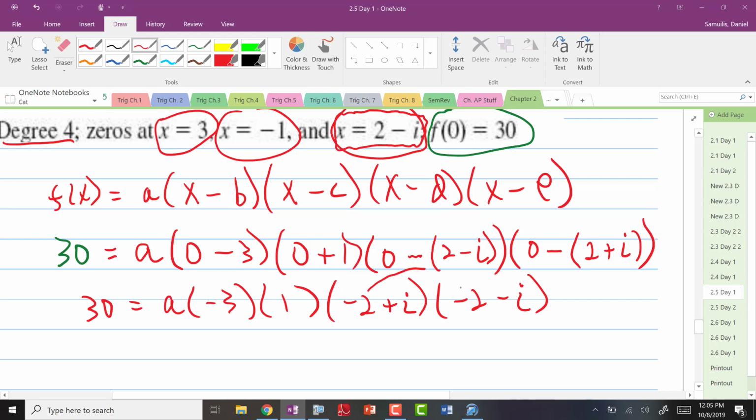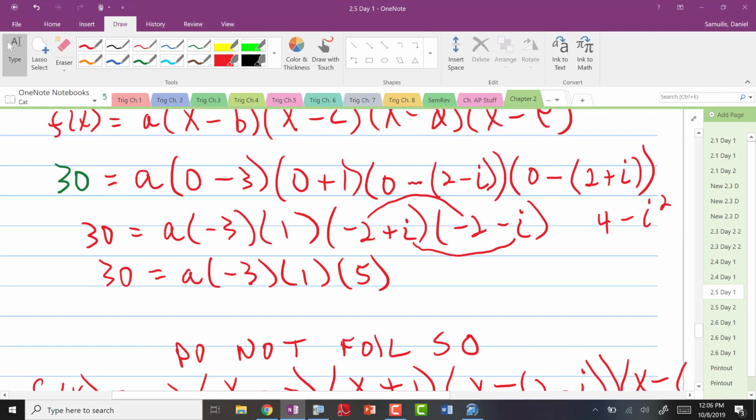When you FOIL this, this is 4, and I couldn't care less about the middle term because it cancels. What's 4 minus i squared? 5. Negative i squared is positive 1. So this becomes 30 equals a times negative 3 times 1 times 5. What does that become? Negative 15, right? So when you divide by negative 15, you get a equals negative 2.